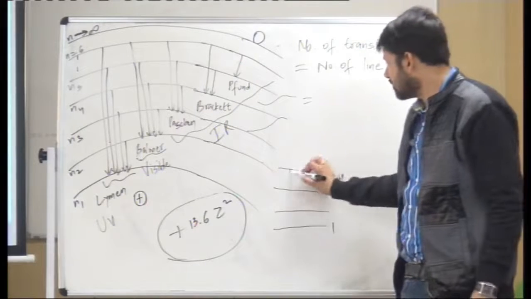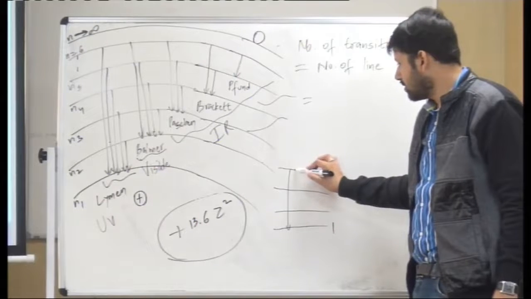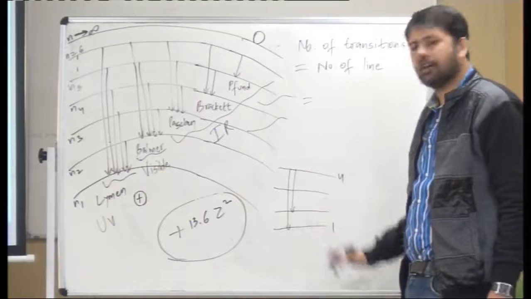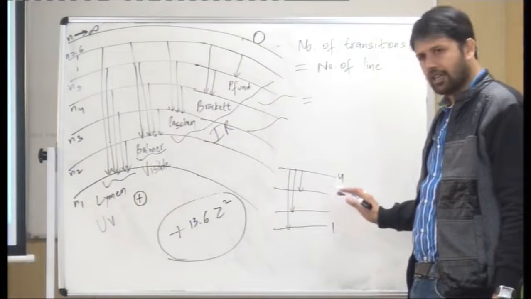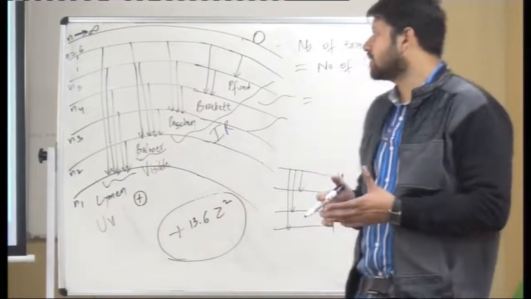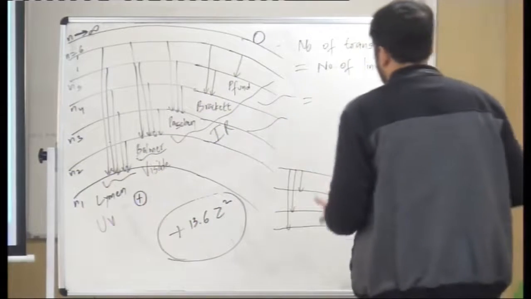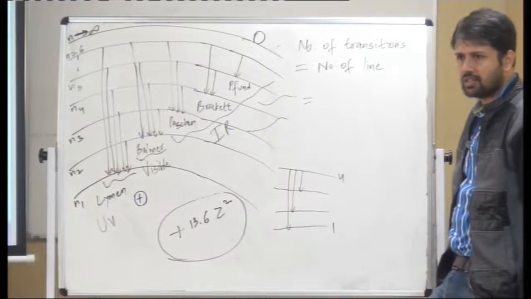So this is one transition possible. From here, an electron can transit from here to here, from here to here. Since a gas has so many atoms, these 3 transitions from the 4th orbit would be possible, right?